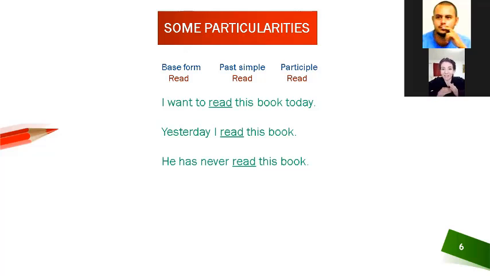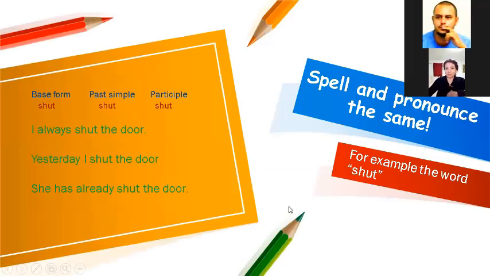So he has never read this book. Okay, so in this example, we can see a verb that is written the same way, but it doesn't sound the same way. Okay, now let's move on to the next example.